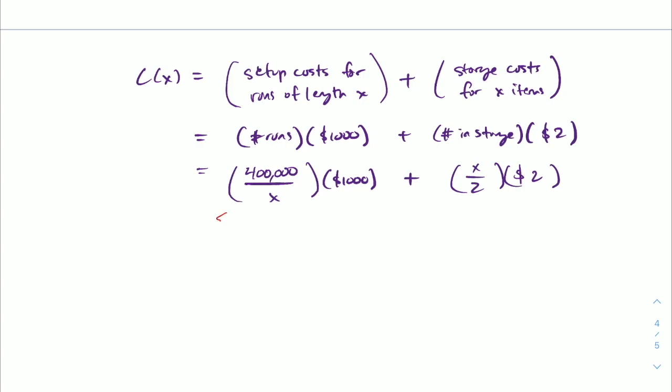So let's think about this. So we have 400,000 items that we want to build. If x is the length of our run, then 400,000 divided by x is the number of runs that we need. We're just dividing our 400,000 by x to figure out how many runs.